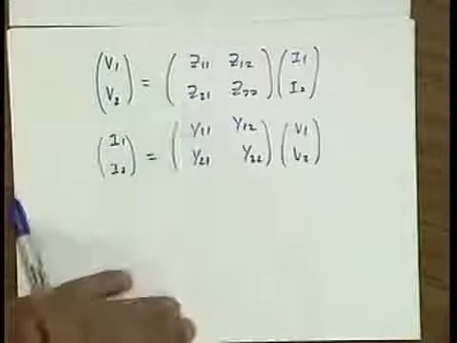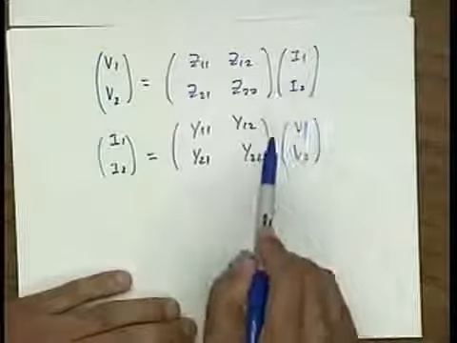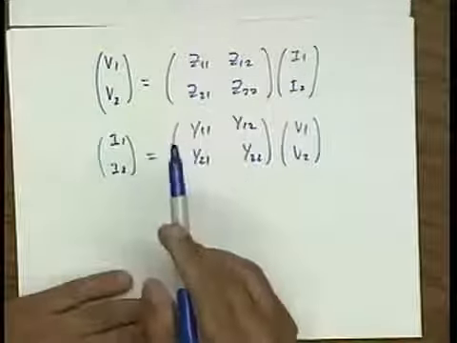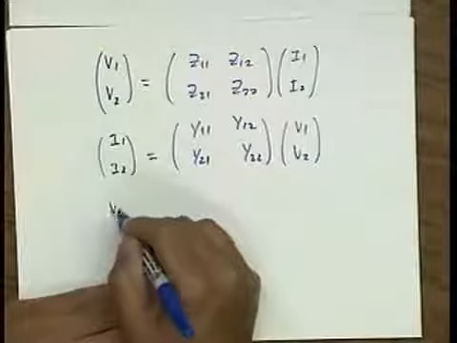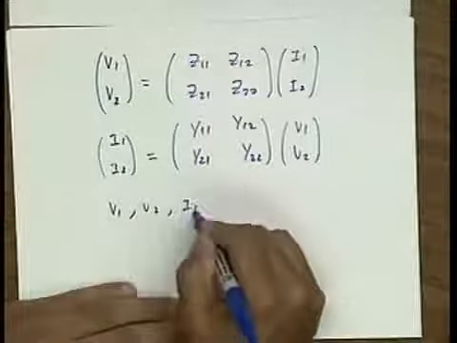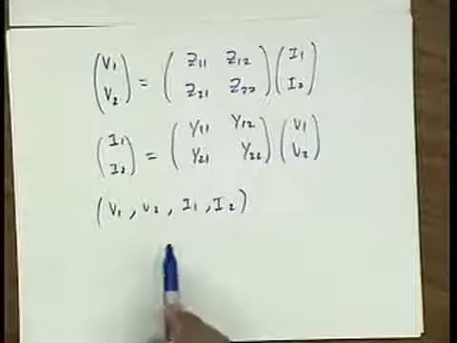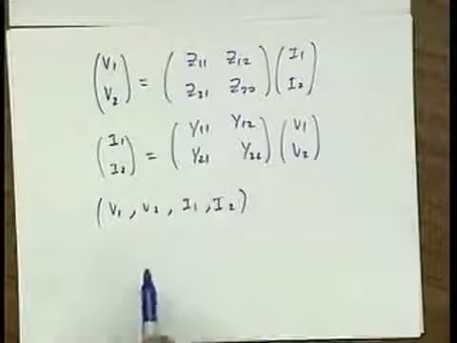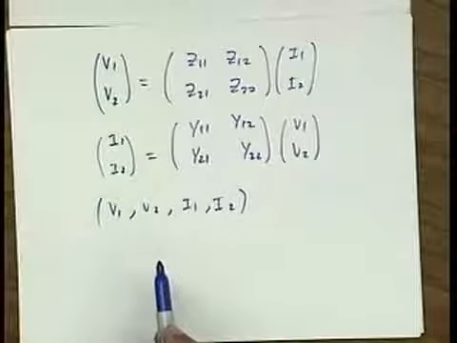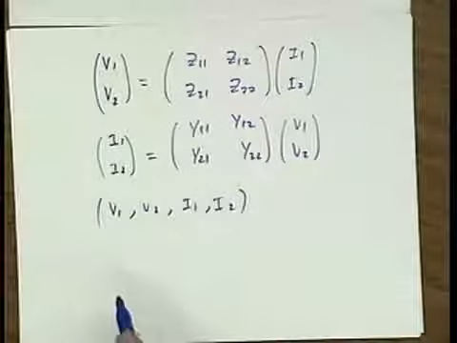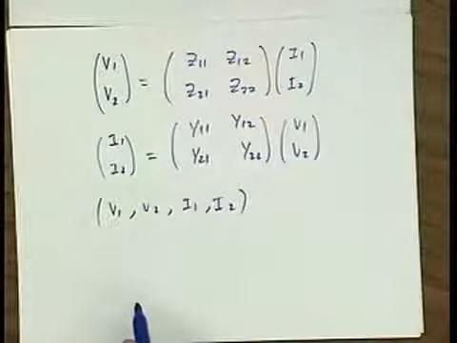I can use, let's say, input voltage, input current, output voltage, output current, or any combination thereof. So basically I have V1, V2, I1, I2. I can choose any two of these and write them as a linear function of the other two variables, because only two variables here are linearly independent.